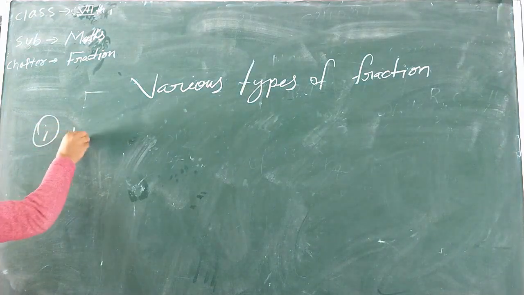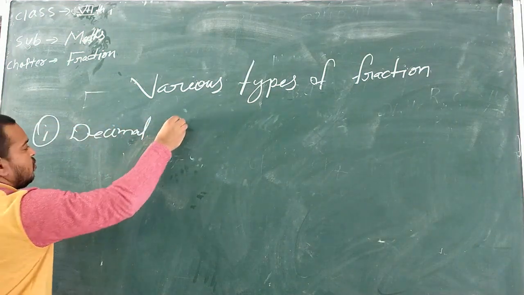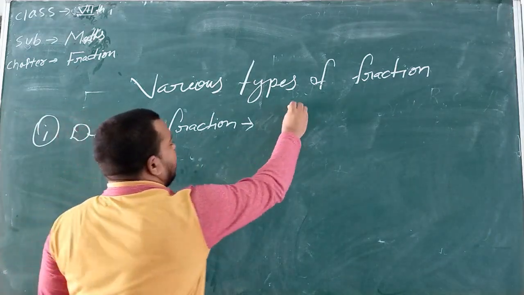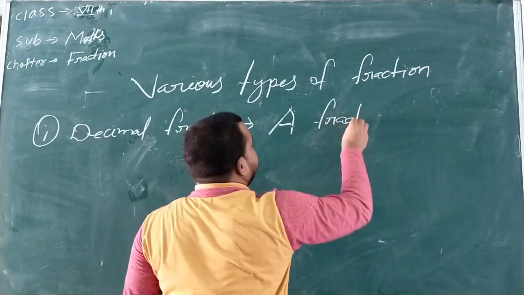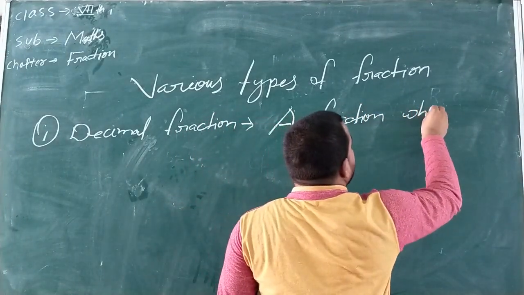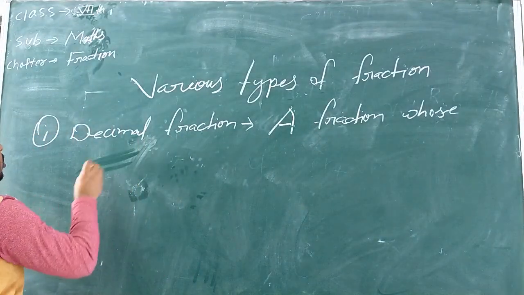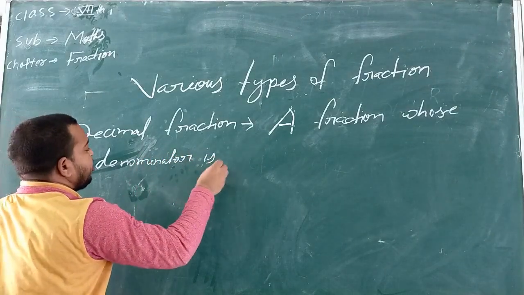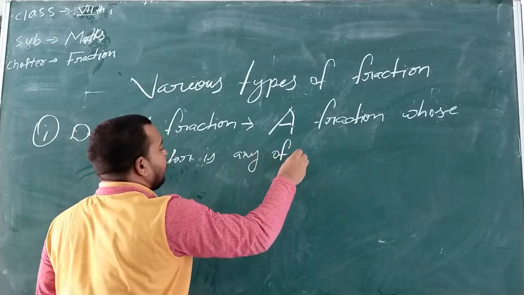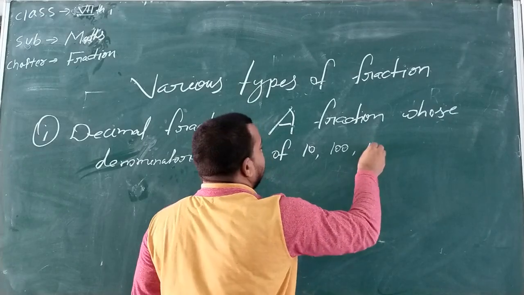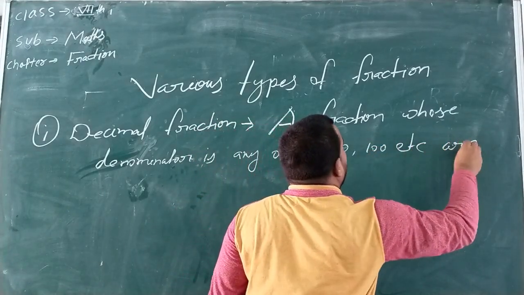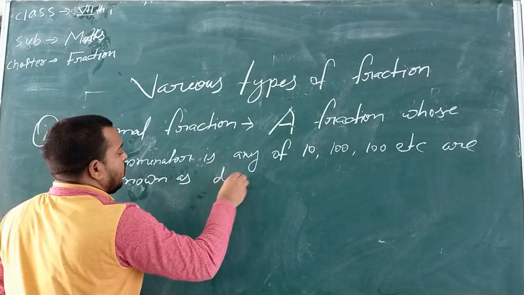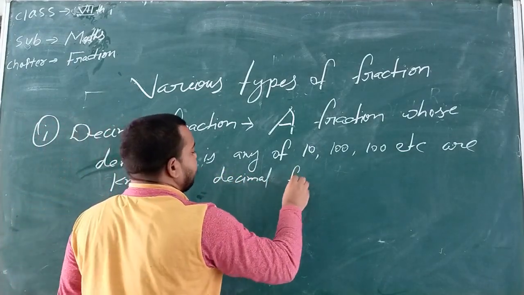The first type is the decimal fraction. We can define it as a fraction whose denominator is any of 10, 100, 1000, etc. These are known as decimal fractions.